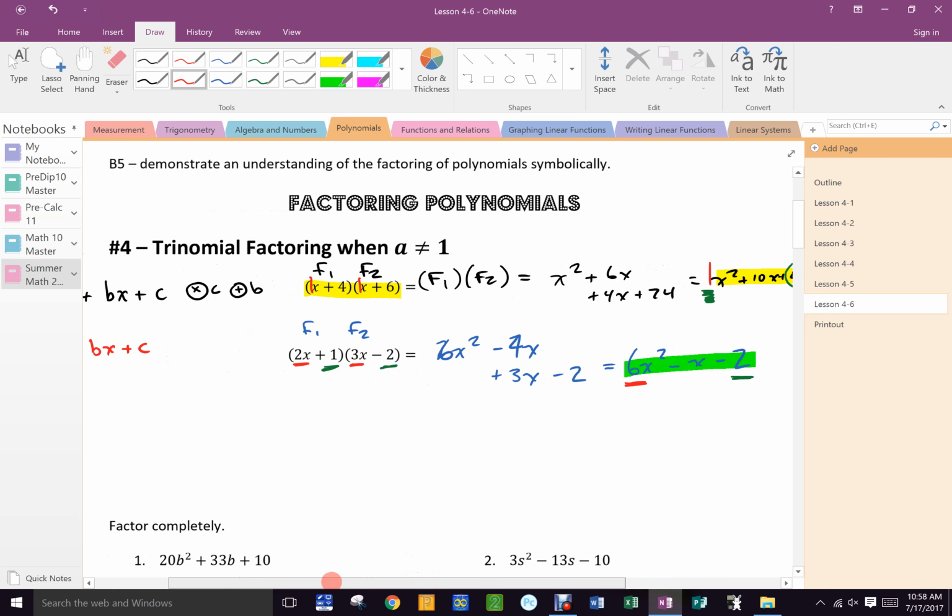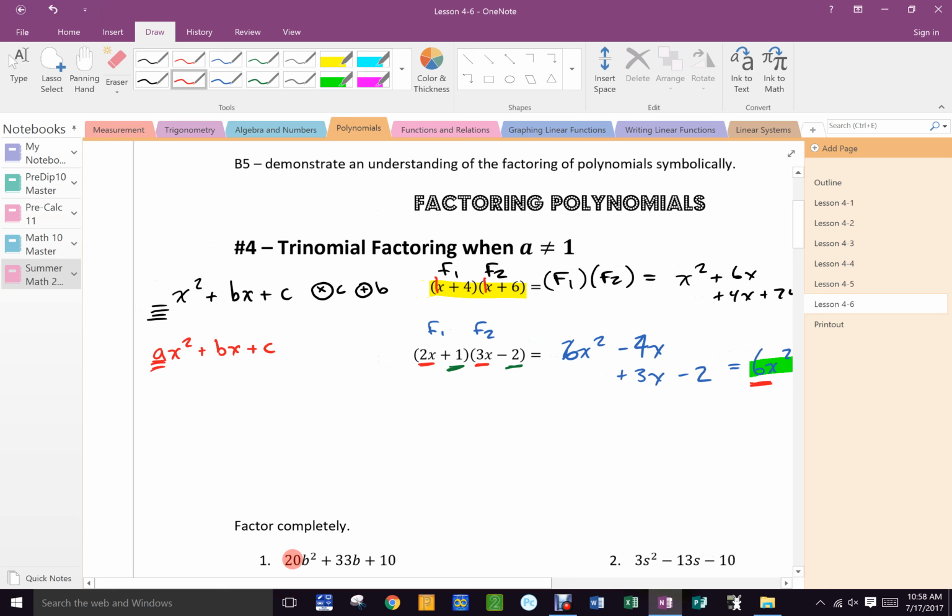So now, again, there are 4 very reliable methods to factor something with a leading coefficient. I am going to show you, in my 20 years of teaching math, the one that most kids find the easiest because it does 2 things.